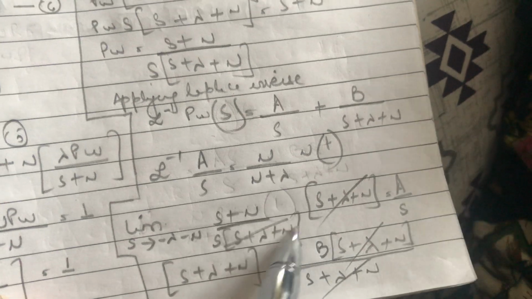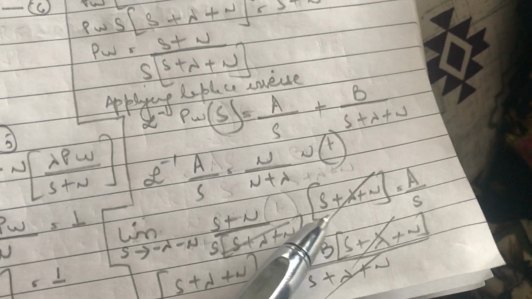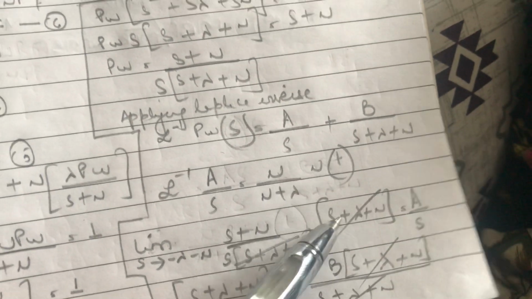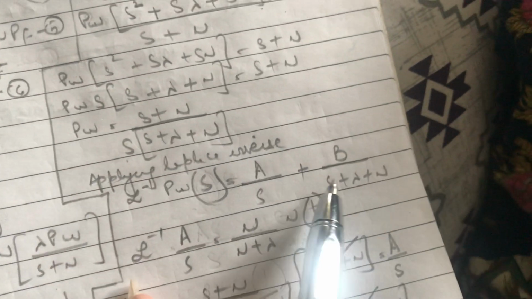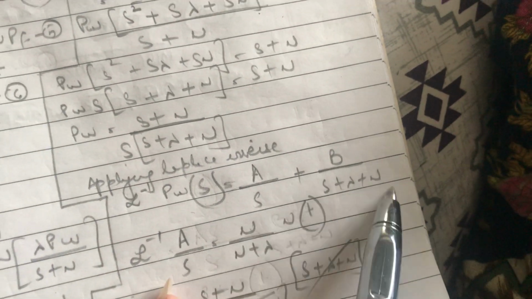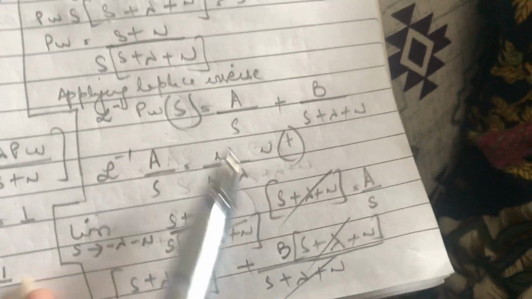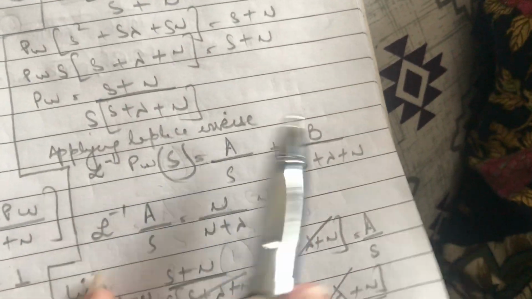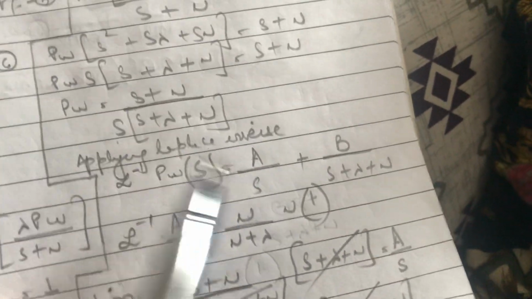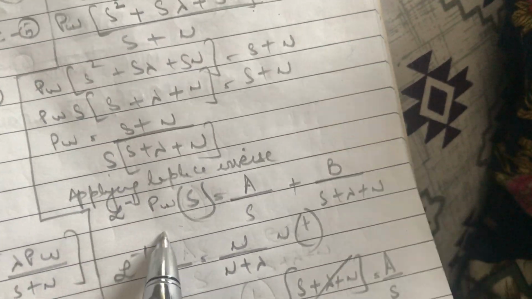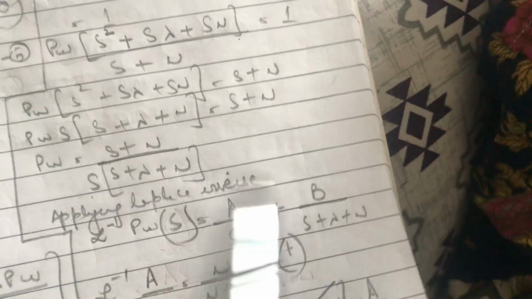So we bring it here, and we multiply our part s plus lambda plus mu to all the ones that are here, to every one. This is the rule of our Laplace inverse, that we have to multiply here also, and here also.